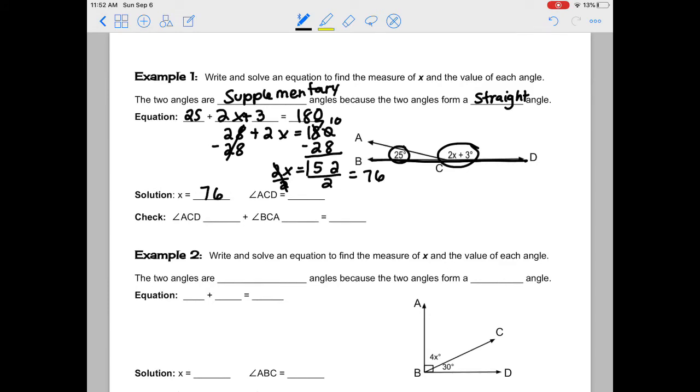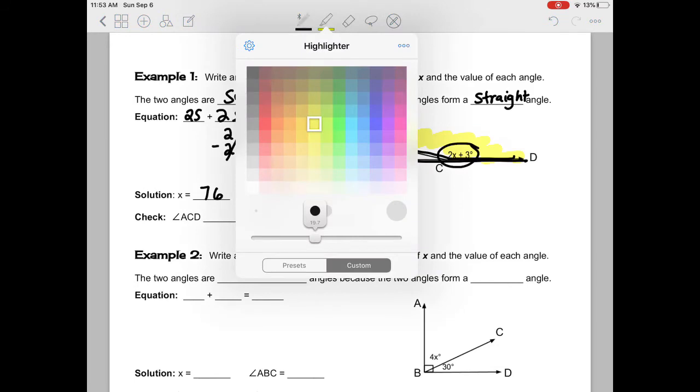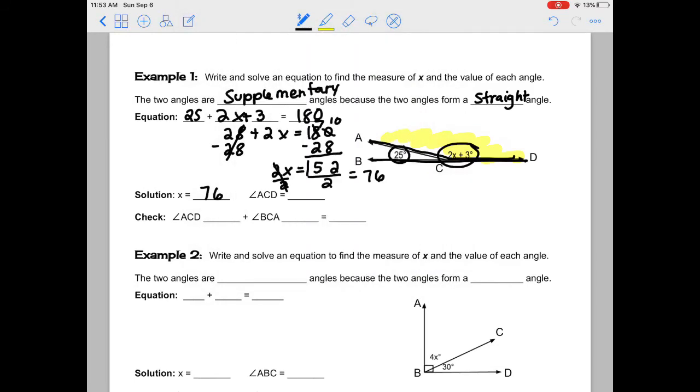Angle ACD is this portion here, which is 2x plus 3. That would give me 2 times 76 plus 3. 76 times 2: 6 times 2 is 12, carry the 1. 2 times 7 is 14, plus 1 is 15, so 152. Then 152 plus 3 gives me 155.